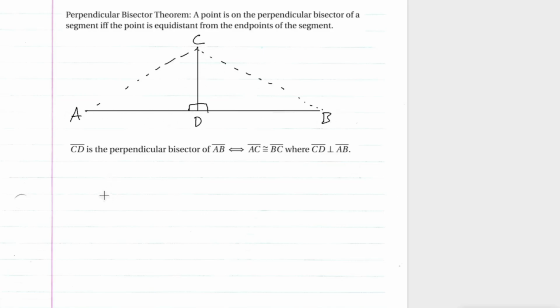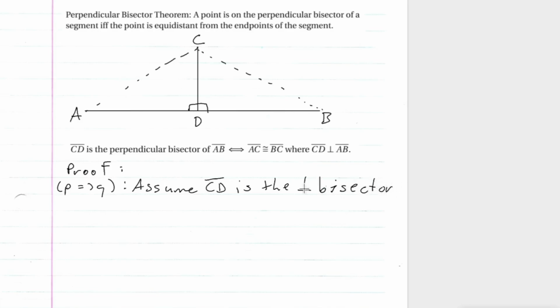All right, so let's go ahead and start this proof. And let's do the P implies Q direction first, right? So we're going to assume CD is the perpendicular bisector of AB, right?